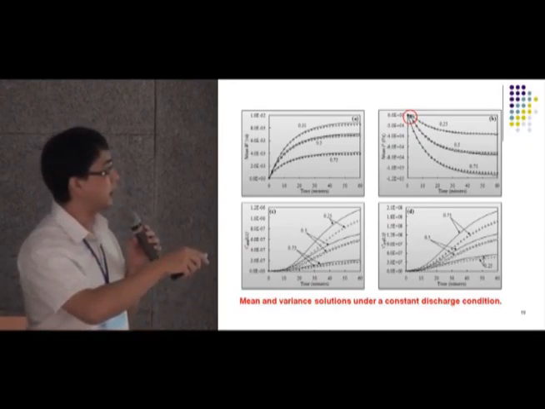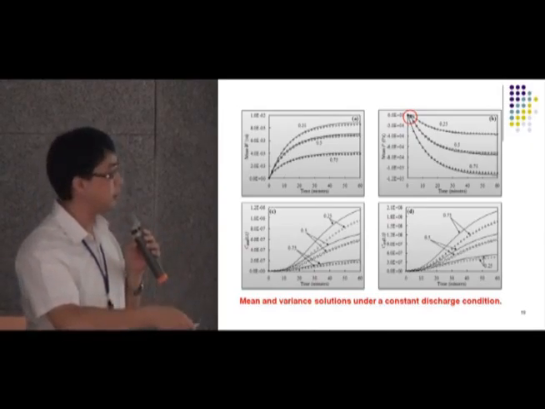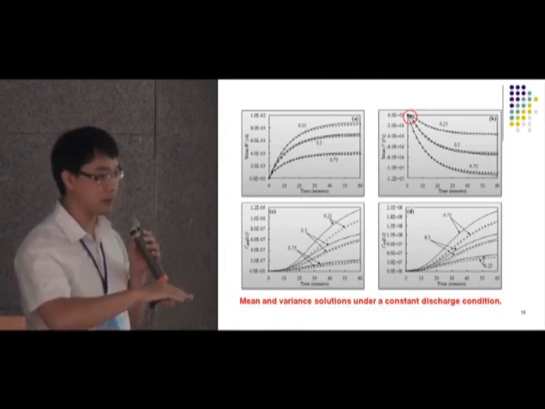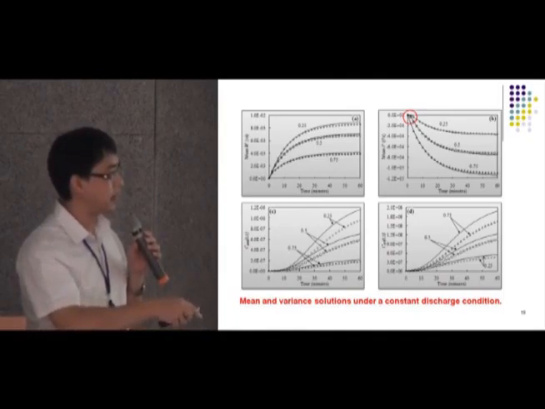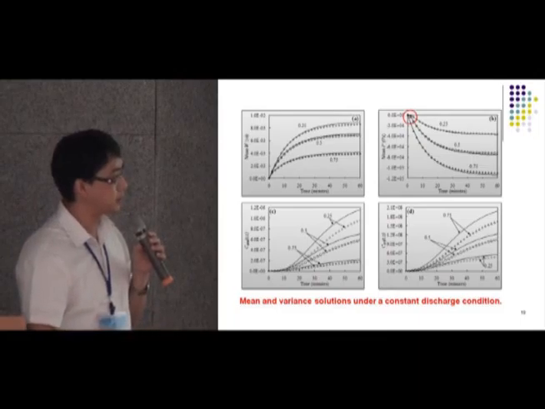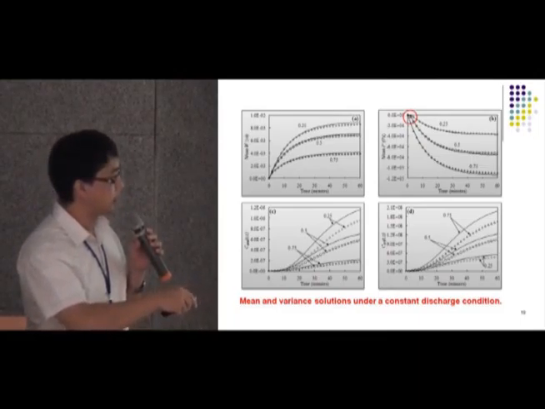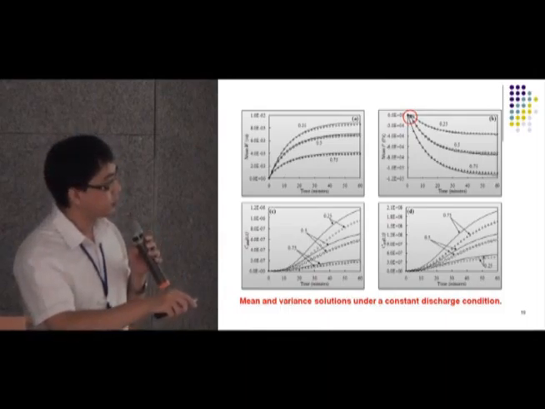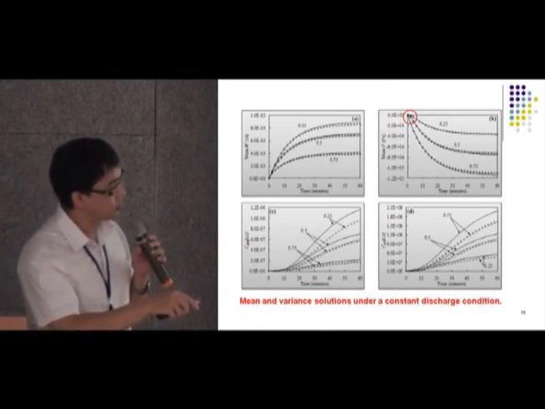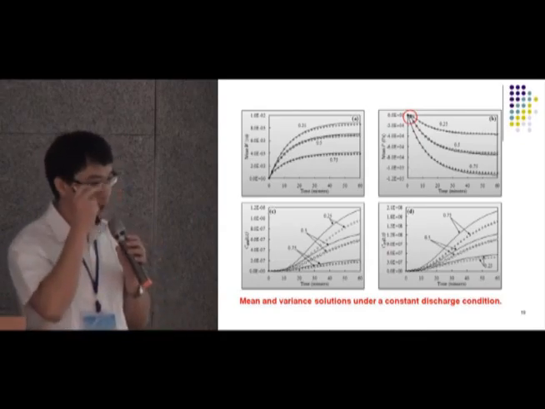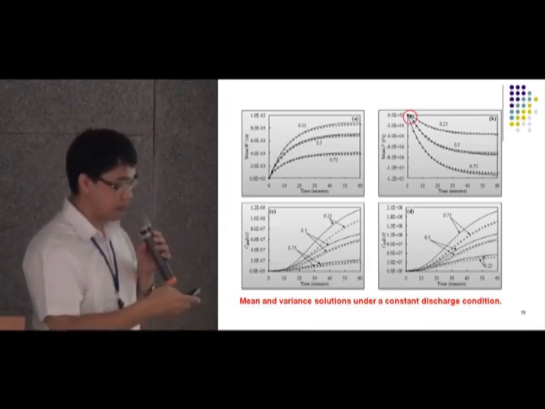The 0.25 is shallow depth, 0.5 is at the middle depth, and 0.75 is at a deeper depth. We can see that the displacement does not show any reverse behavior, and the mean change in water pressure also does not show obvious reverse behavior.